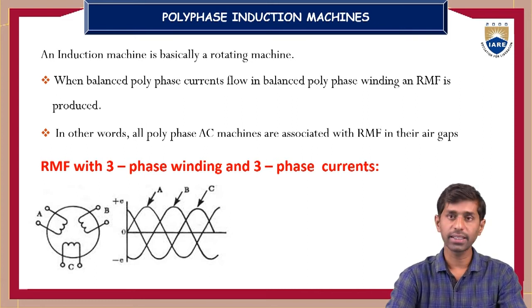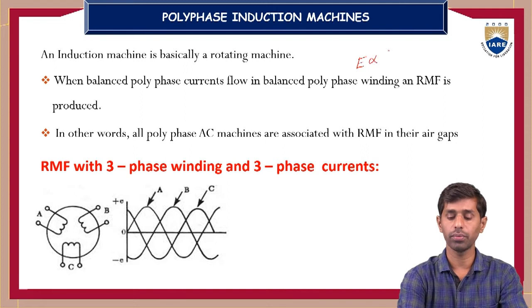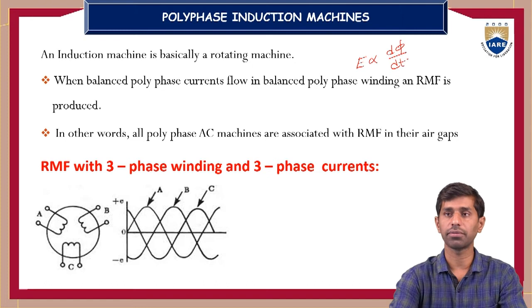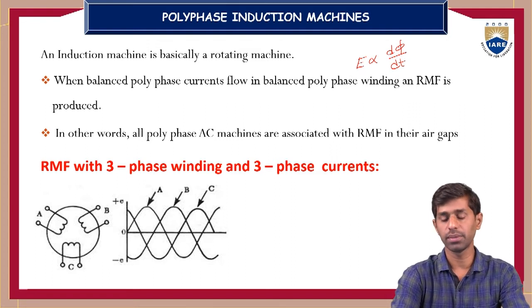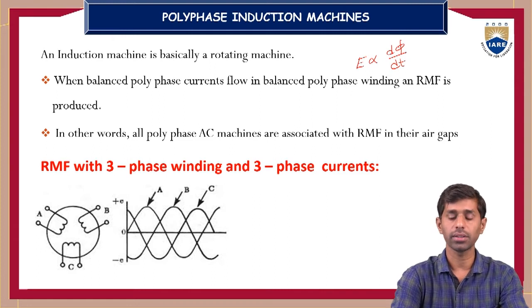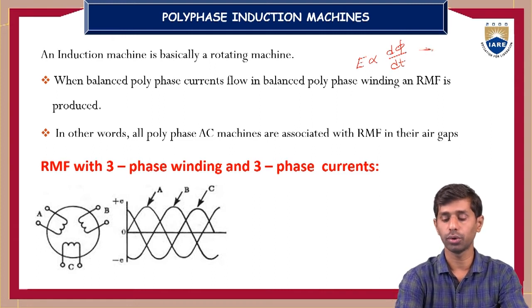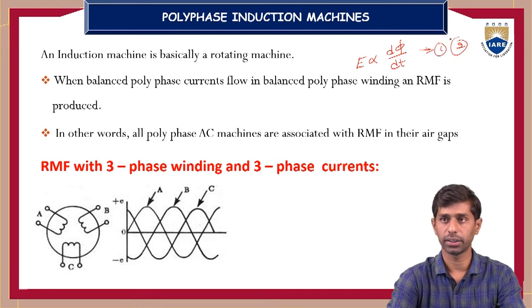Faraday's law says the induced EMF is proportional to the rate of change of flux cutting, or rate of change of flux linkage with the conductor. So in AC machines, there is one possibility to rotate the conductor, and another possibility to rotate the magnetic field.